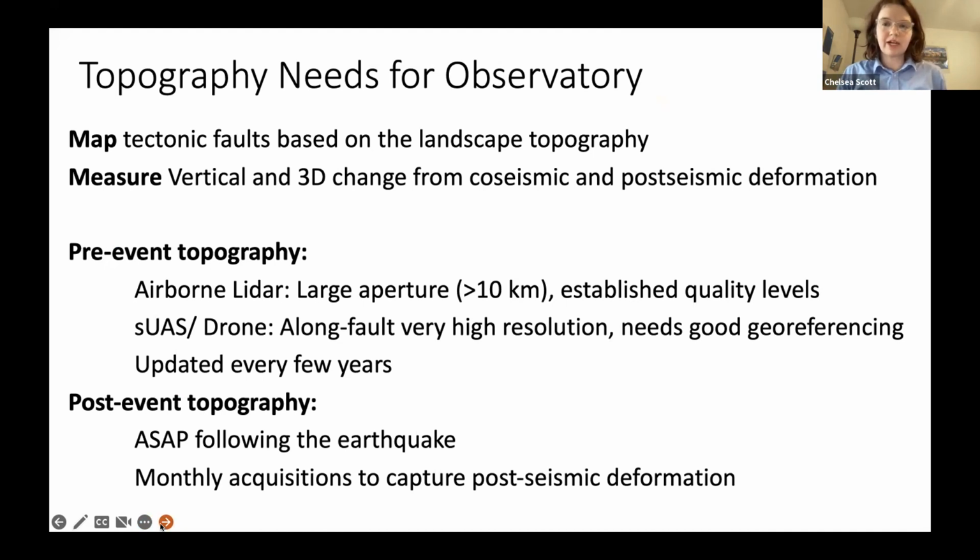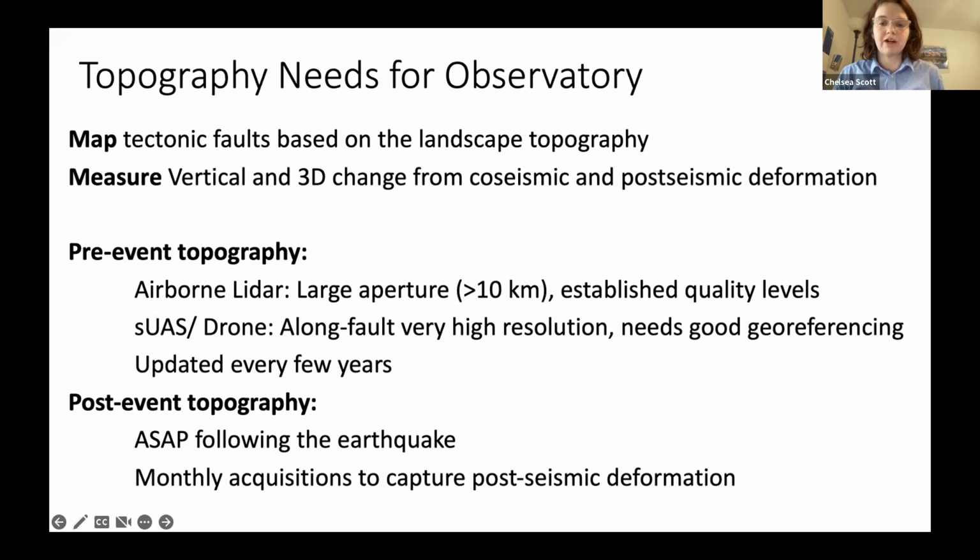The advantage of airborne LiDAR is it's a fairly advanced technology, so there are established quality levels. So for these data sets, we know well what we're getting, and that they have a good enough quality to answer the questions that we're after. The other important data set is drone-derived topography.